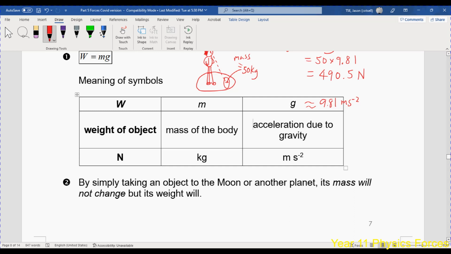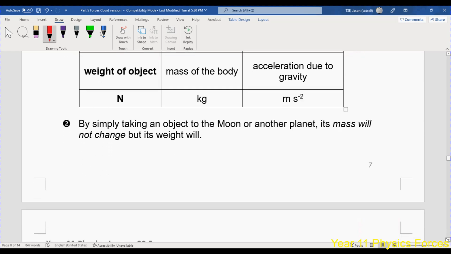All right, so let's move on. What's the relationship between mass and weight? Here is a very good example to talk about this.